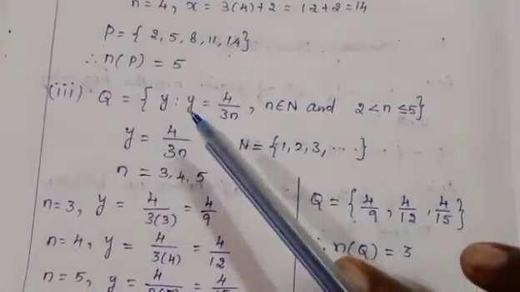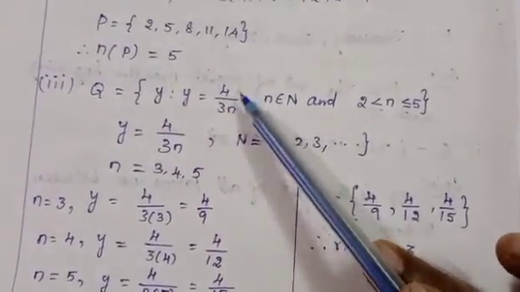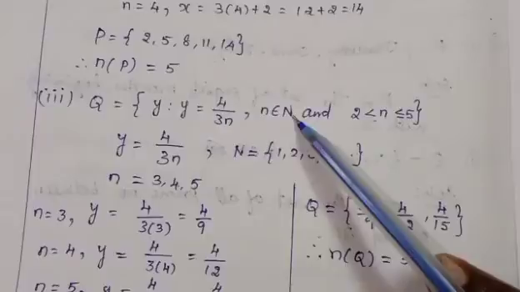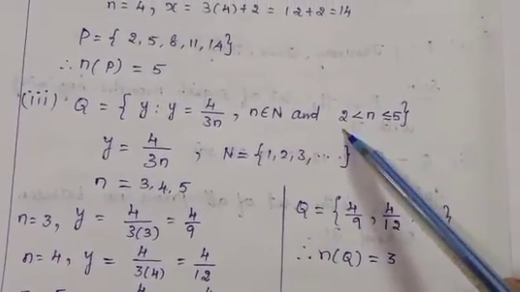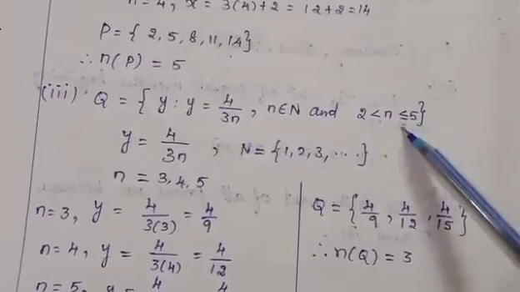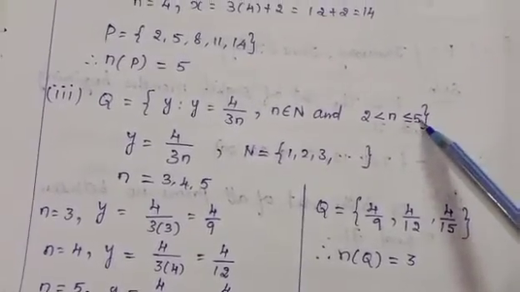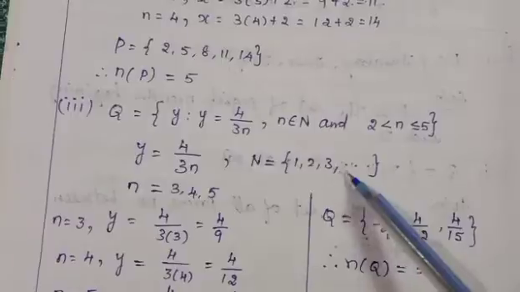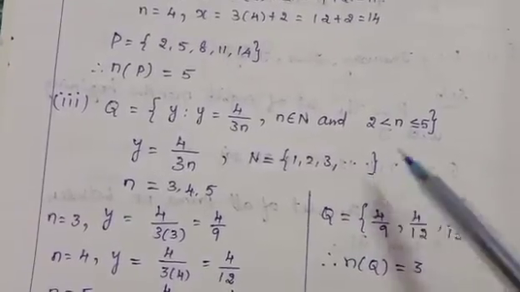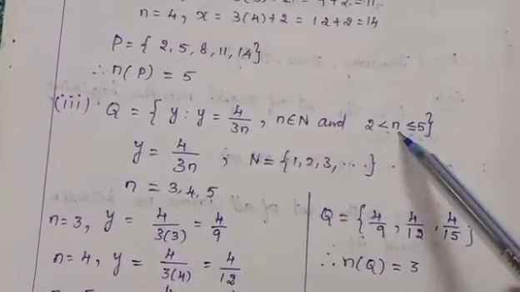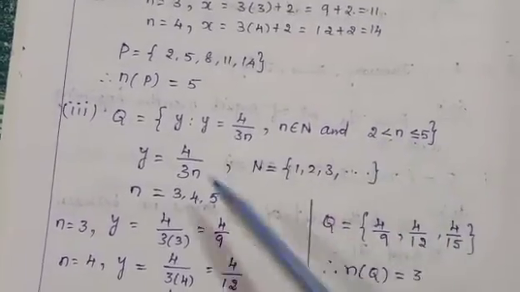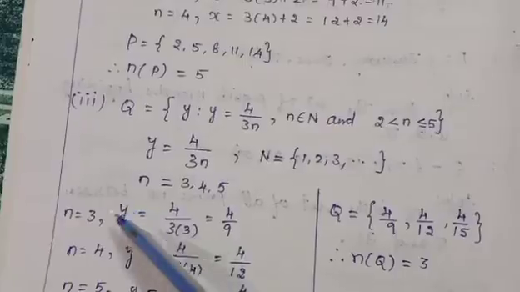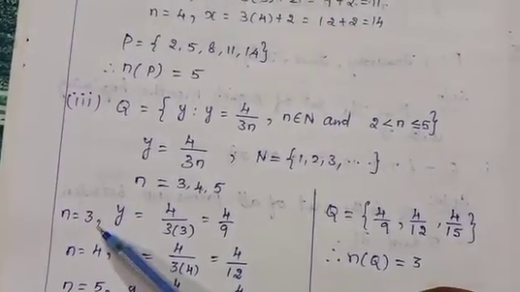Third question, y is equal to 4 by 3n, n belongs to natural number. You have to take n values between 2 and 5, including 5, because here it is less than or equal to 5. n is a natural number starting from 1. We have to find the elements. More than 2 is 3, 4, 5. You substitute n equal to 3.